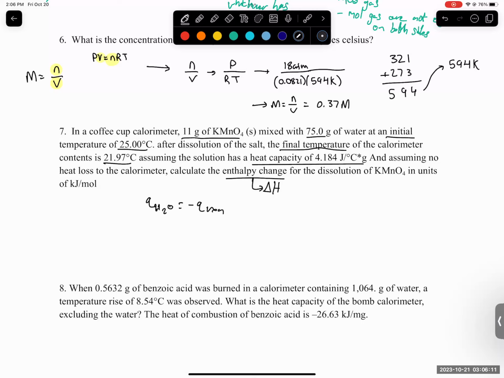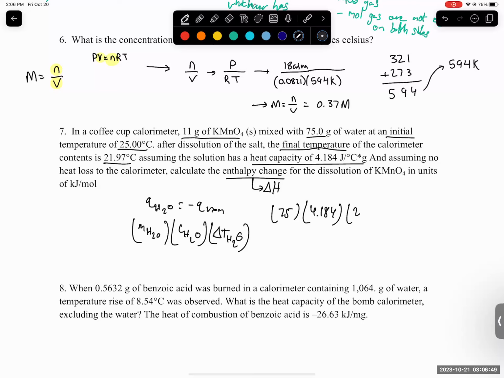So the Q of the water, another way to write that is mass of the water times the specific heat of water, C of H2O, then times the delta T of H2O. And if you look in our problem, we're given all of the information to solve for all of those things. So the mass of the water is 75 grams, specific heat 4.184, and the delta T, we have a final temperature 21.97, and the initial temperature of the water here is 25.